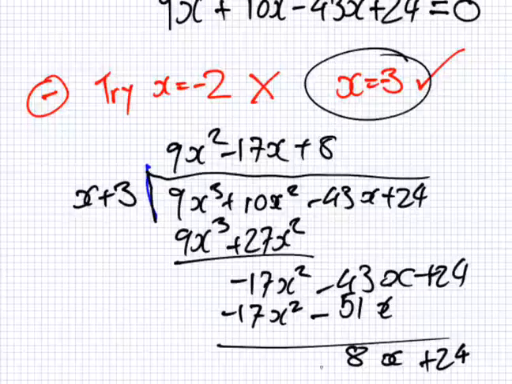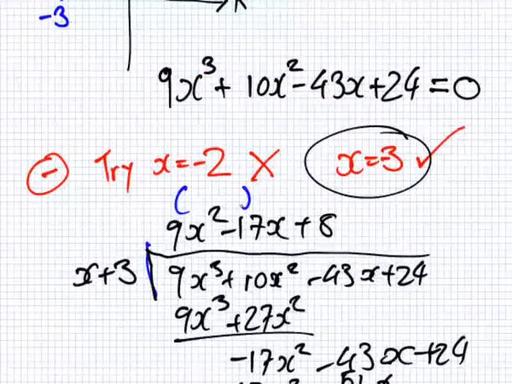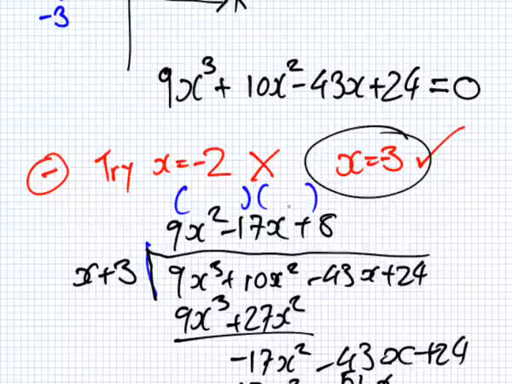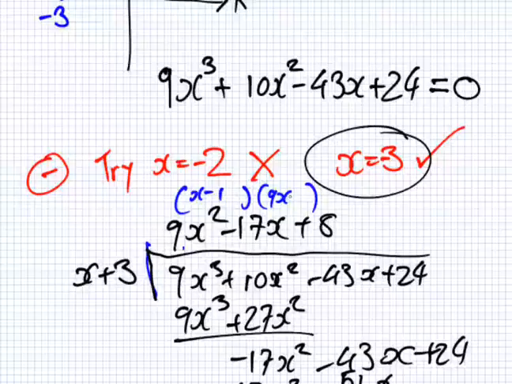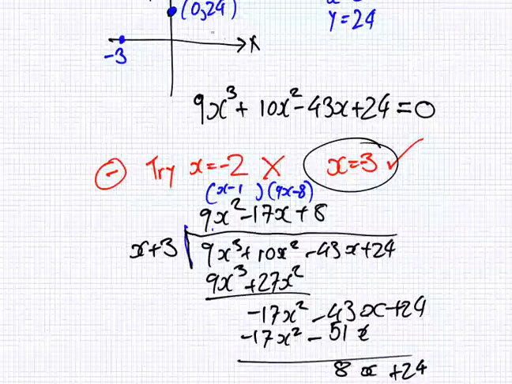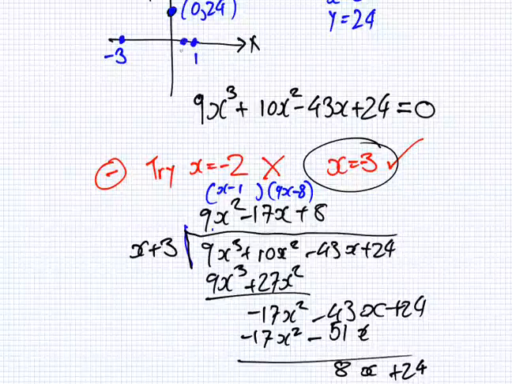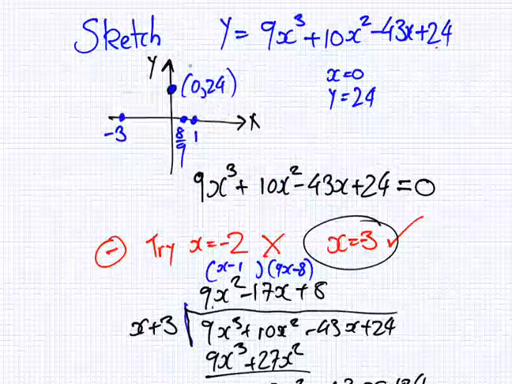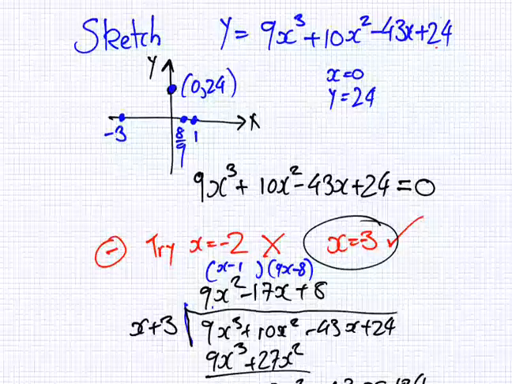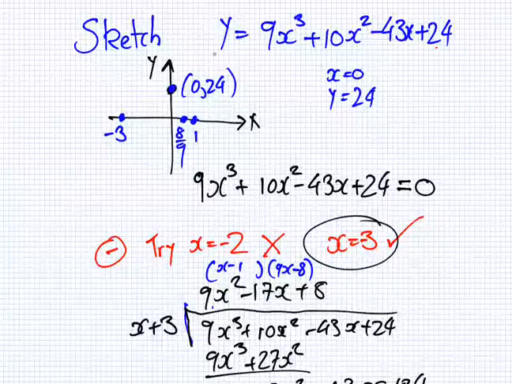Let's do this one here now. So sad. That's life. 9x squared, 9x cubed plus 27x squared minus 17x squared minus 43x plus 24, minus 17x squared minus 51x. Then plus 8x minus 24.